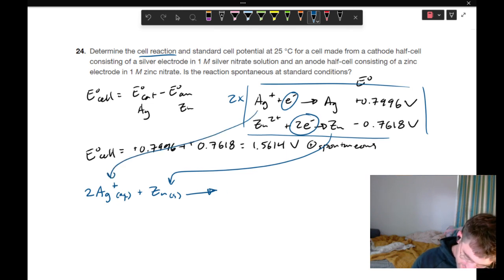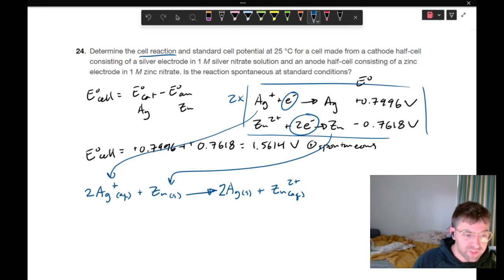And then on our product side, we have solid silver plus our 2 electrons canceled out, and we have zinc aqueous 2 plus. 2 silver there. So standard cell potential, standard cell reaction. Okay, I think that's everything.